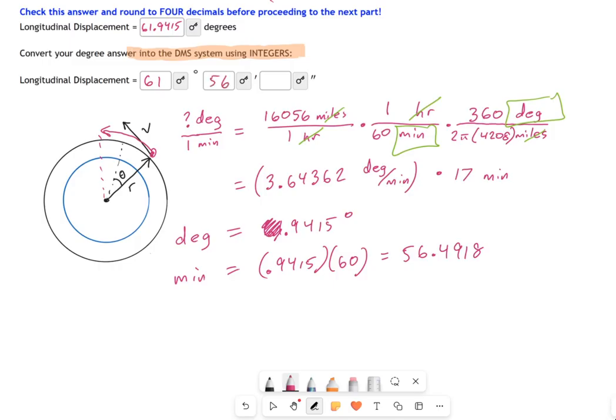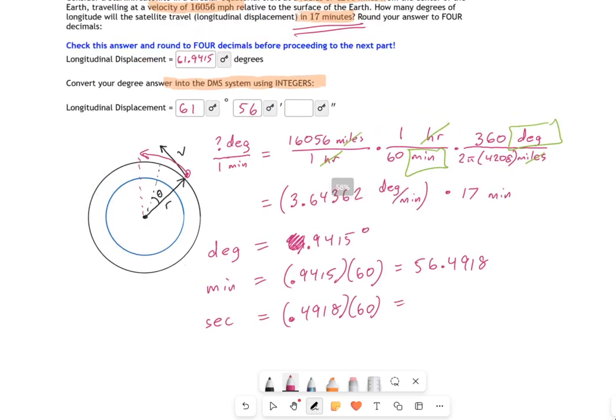Okay, so there's my 56. And then when I have to do the next part, which is my seconds, I take the 0.4918 portion and I multiply it by 60 again. Okay, so that's 0.4918 times 60. I'll bet it's close to 30. Yeah. Okay, so we have 29.51 seconds.